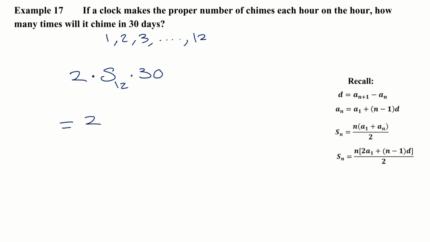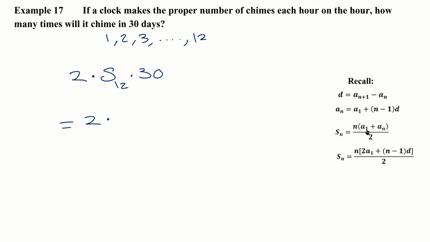So basically we're going to have 2 times, now we're going to use this formula, the sum of the first 12 terms of that sequence. Now, we do have to find what A12 would be, but that's easy with this problem because it's just the 12th element, which is right there. It's 12, right?